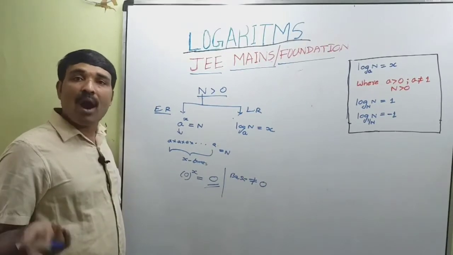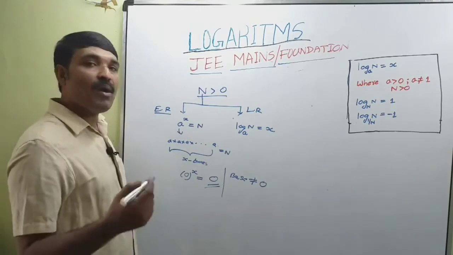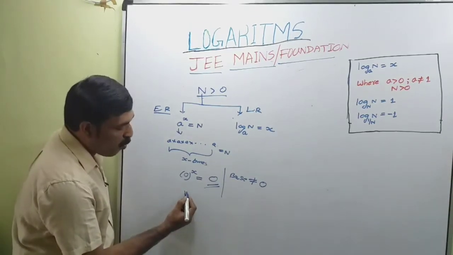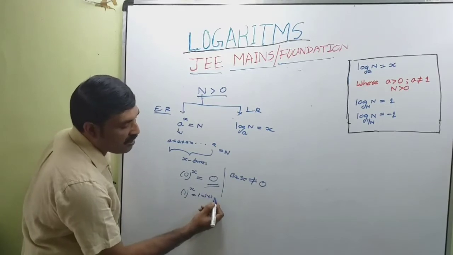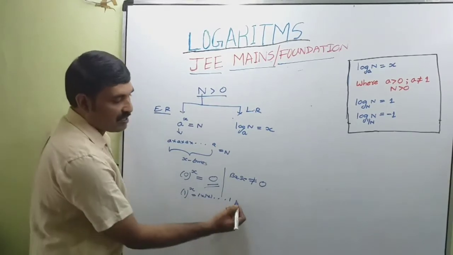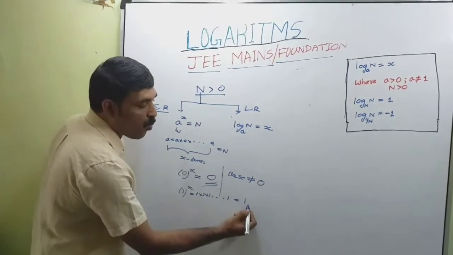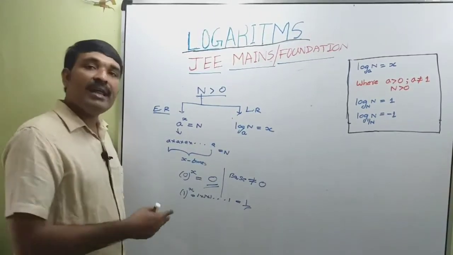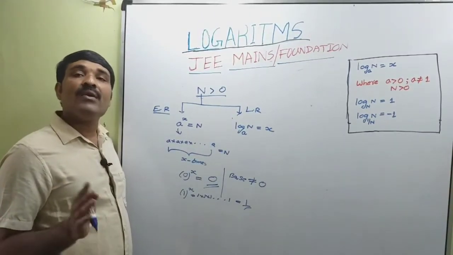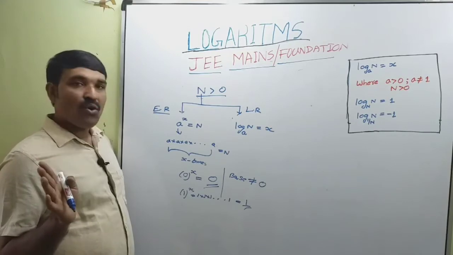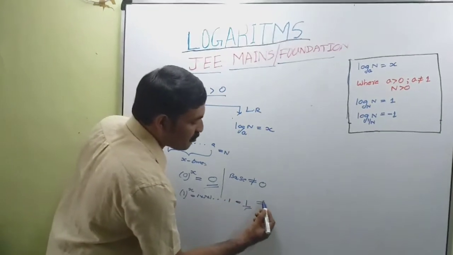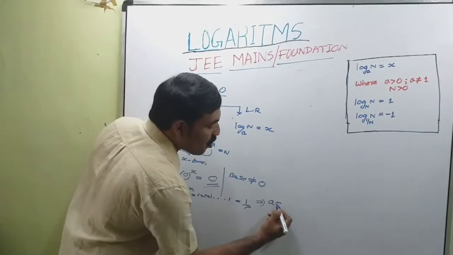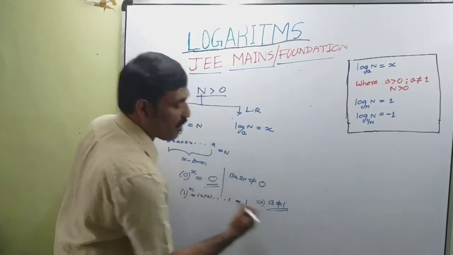Suppose a is equal to 1 or base is equal to 1. What does that indicate? That indicates 1 raised to x, that is equal to 1 into 1 into 1, x number of times. That is equal to 1. Always 1. 1 raised to any real number is always equal to 1. So base a should not be equal to 1.